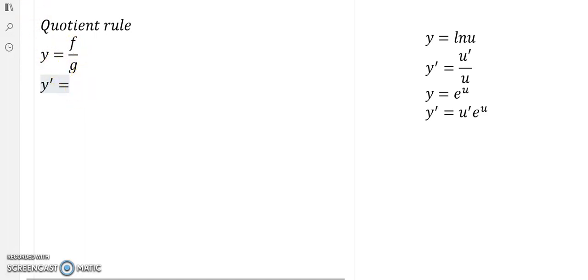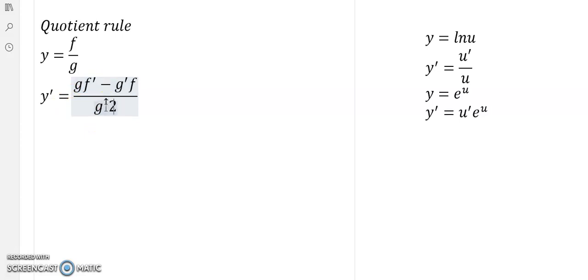Then we're gonna get g times the derivative of f minus, then this time around we will derivate the denominator g prime keeping f constant, f, and divide by g squared. Yeah, just like that. Okay, let's get some examples.